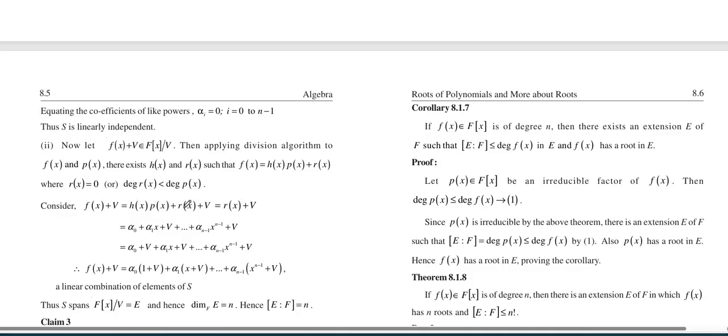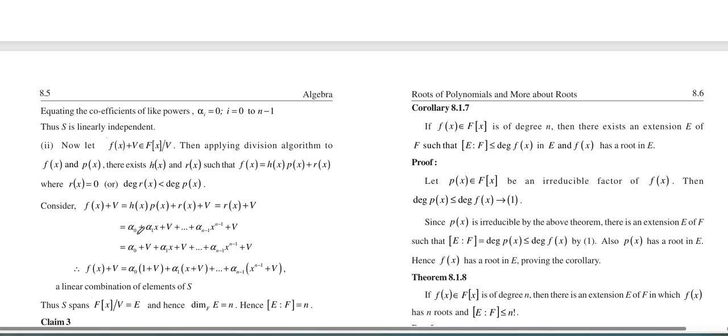So you can rewrite it like this, and this one is absorbed over here, so you are left with only R of x.